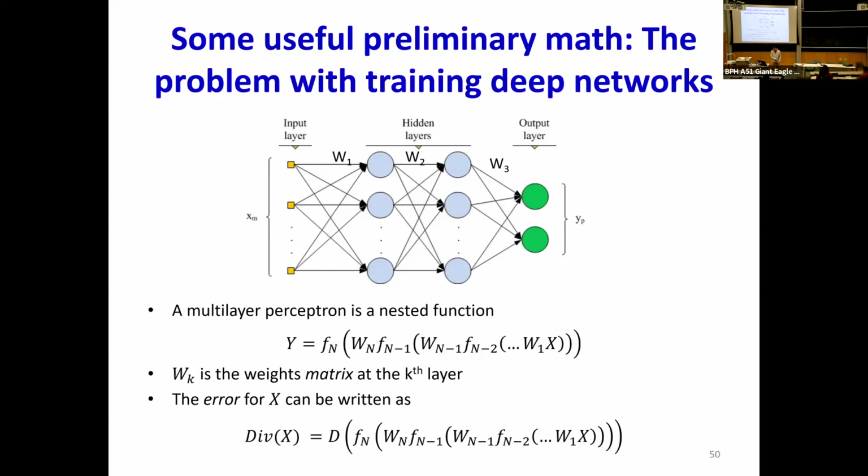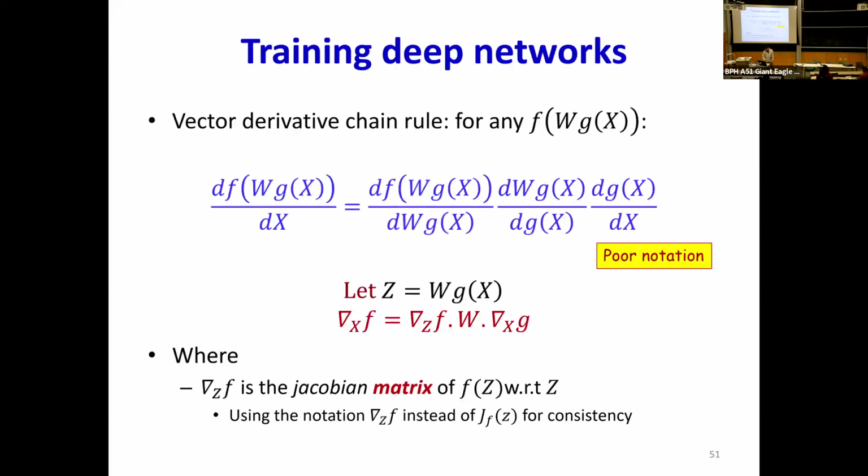Now, I can write down the derivative rules. I've written them in a kind of crappy way, as df over dx, which is really bad notation when you're speaking of vectors. But I'll use the abuse of notation for now, just to explain the concept.